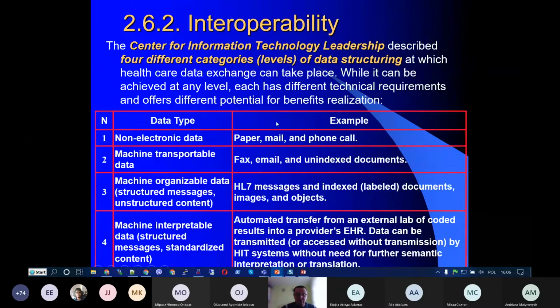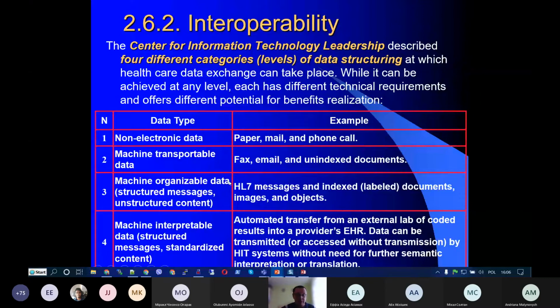And for sure, the most promising are the third and fourth levels, when we talk about almost machine-organizable or interpretable data, which can be automatically translated and transmitted between various information systems via conventional computer networks and processed by each system.